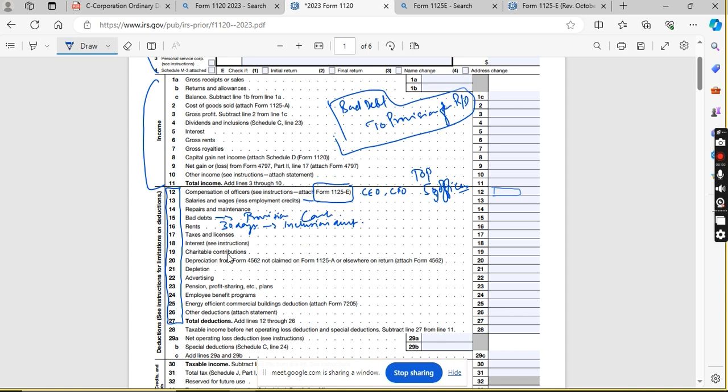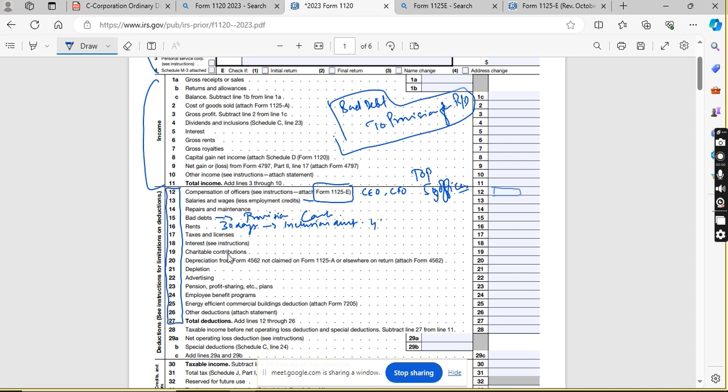There are different tables showing how much inclusion amount is required, and you have to apportion the rental expense in the ratio of the number of days you have used it for business and the number of days for personal use.